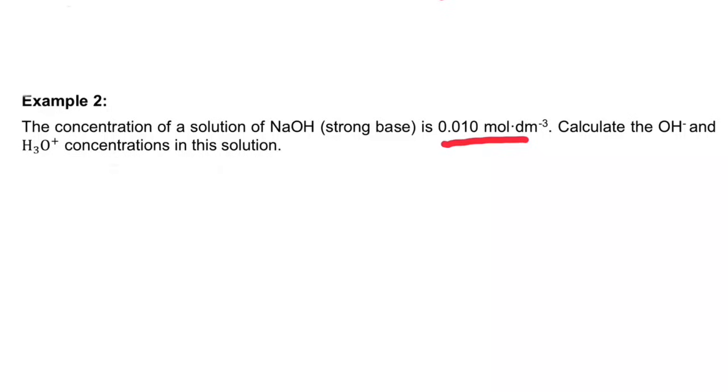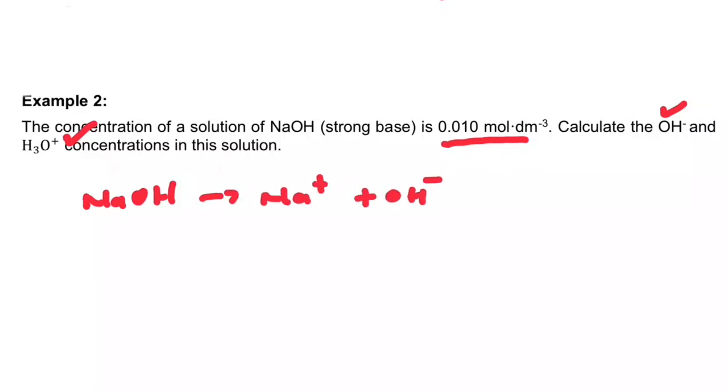So we have NaOH, and we're supposed to calculate the concentration of OH- and H3O+. So how can we possibly do that? We know that NaOH dissociates to form Na+ and OH-. We know this to be true, right?